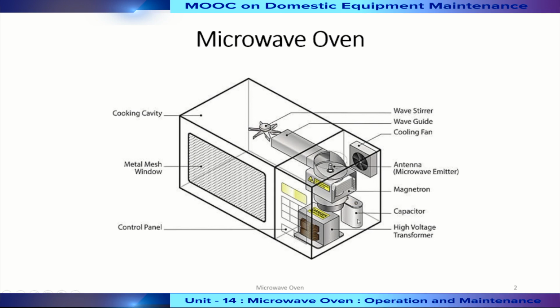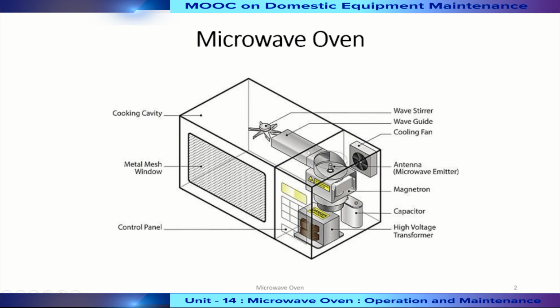The capacitor is a part of the circuit. The magnetron is responsible for producing the microwave. The antenna, which is a part of the magnetron circuit, sends the microwave that is generated by the magnetron into the cooking cavity.